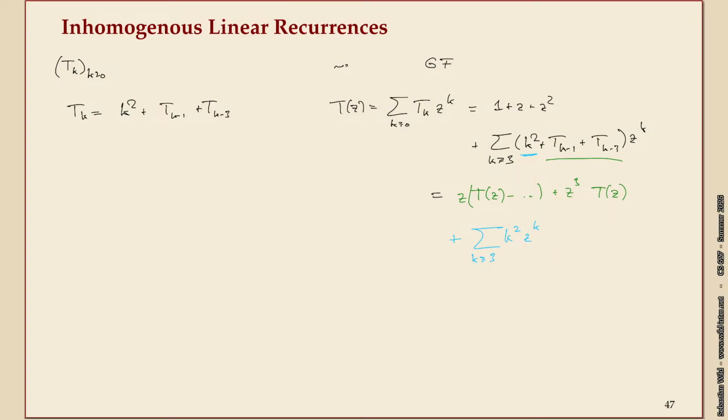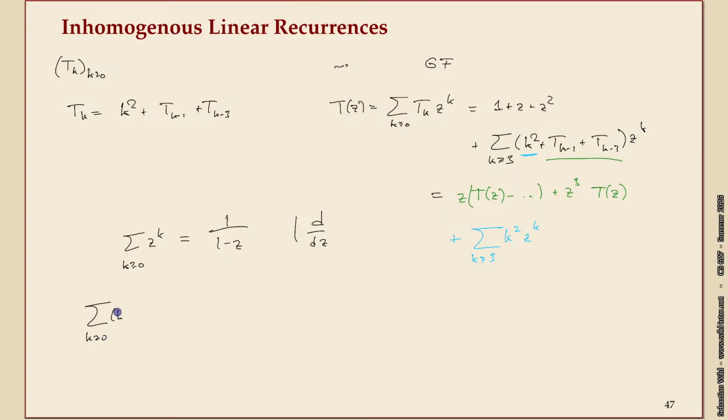Just to give you a hint of why this could be possible, if you take the geometric series where you have z to the k, you may remember that this is just 1 over 1 minus z. Now let's take the derivative on both sides. Sounds a bit crazy maybe. If you do that here though, it's a sum, so the derivative is taken for each summand.